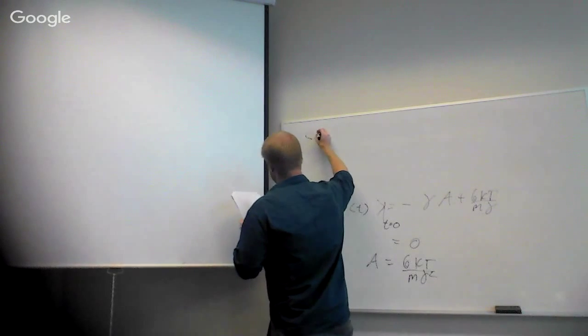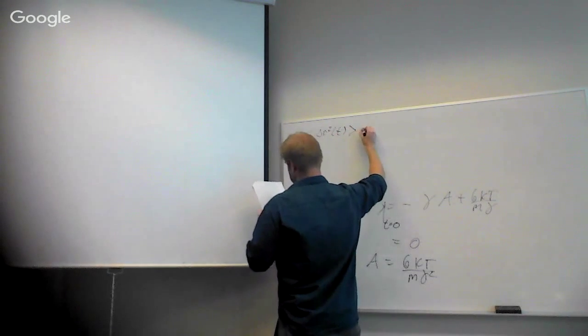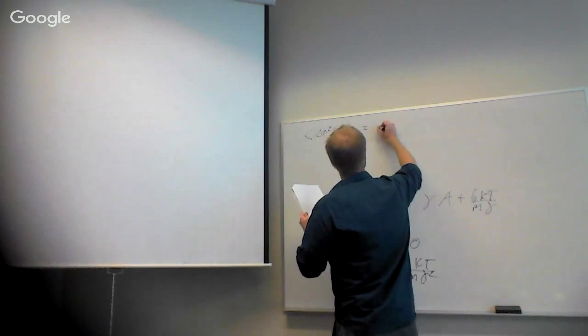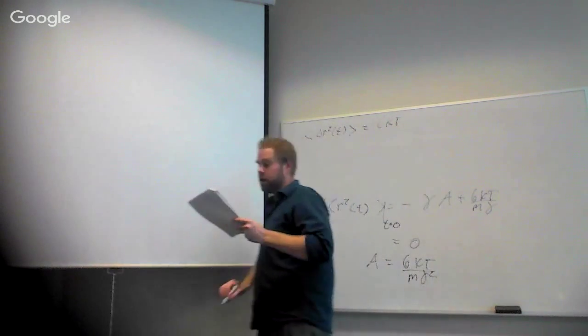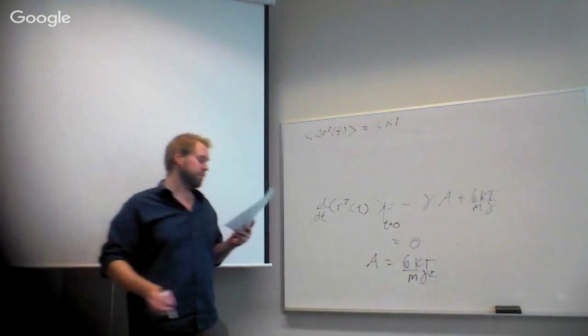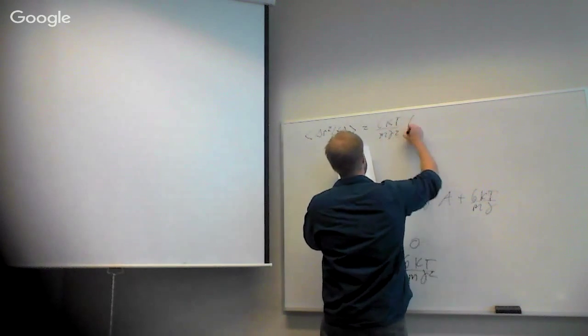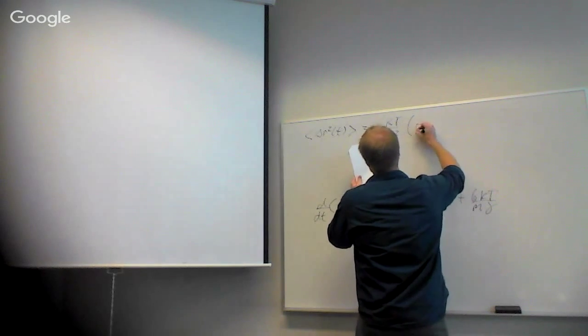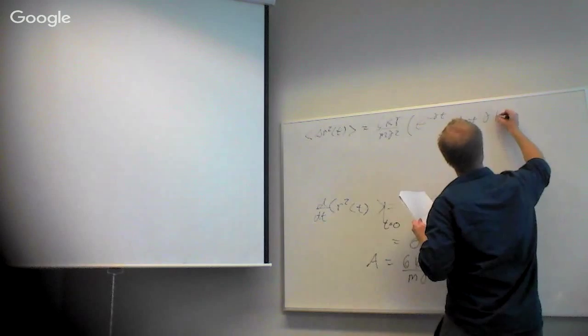And so finally, in all of its glory, our solution is the mean square displacement of a particle in Langevin dynamics: 6kT over m gamma squared, times e to the negative gamma t minus 1 plus gamma t.